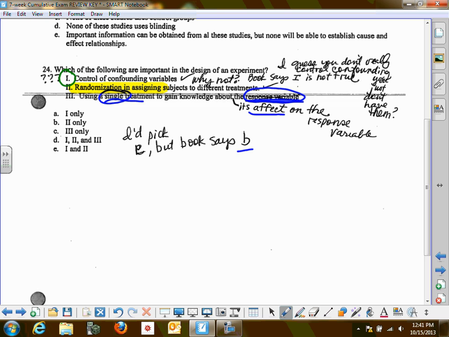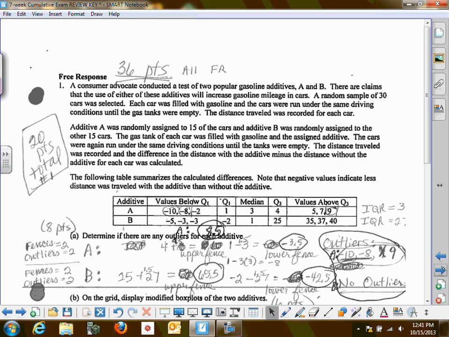No, because that's a confounding variable. So I think maybe the reason 1's not true is that controlling slash eliminating, because this should be eliminating. I don't know. But you need to think about your confounding variables and make sure that you are controlling them or eliminating them as much as possible. So anyway, there you go. E or B. Book says B. I think you have to control those things.